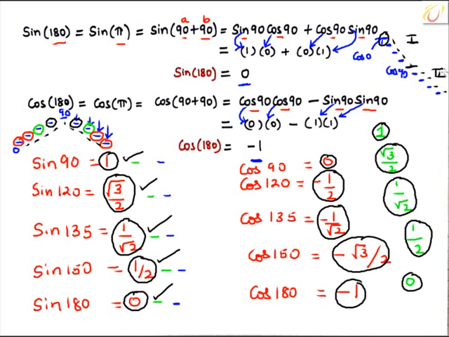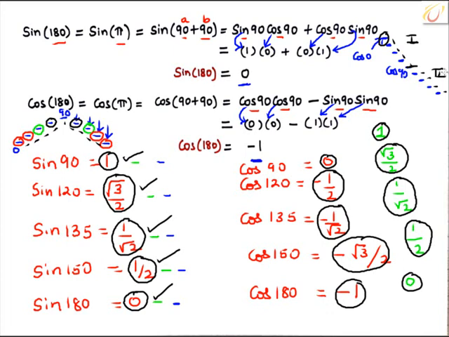From 90 to 180, cos starts from 0 with a negative increasing pattern, goes to minus 1. Okay, please put some thought into what we are learning here. If you grasp the concept properly, you will be able to remember all values of sine and cos without much effort.